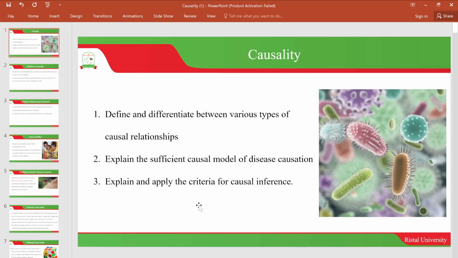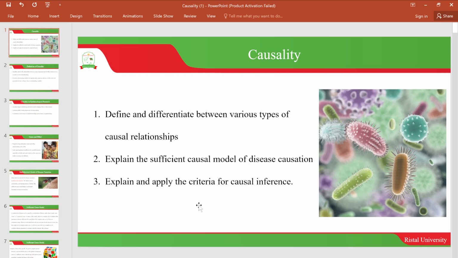All right. Welcome everyone. Yesterday we had a discussion on disease causation models. The aim of that presentation was basically to let you know that it is not very possible commonly to have only one factor responsible for the occurrence of a particular disease, either in a population or in an individual.